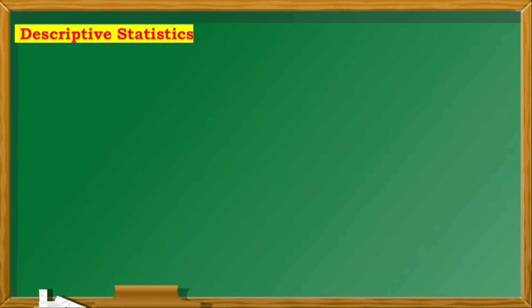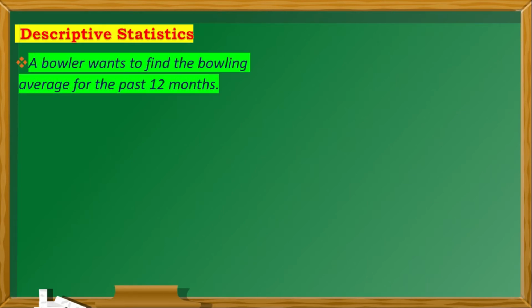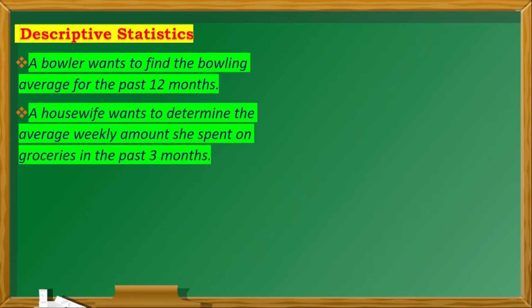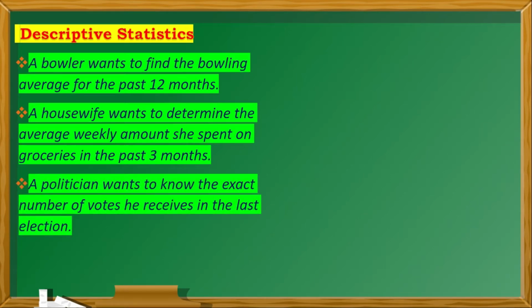Magbigay tayo ng halimbawa para mas lalo nyong maintindihan. For descriptive statistics, number 1, a bowler wants to find the bowling average for the past 12 months. Next, a housewife wants to determine the average weekly amount she spent on groceries in the past 3 months. A politician wants to know the exact number of votes he receives in the last election.